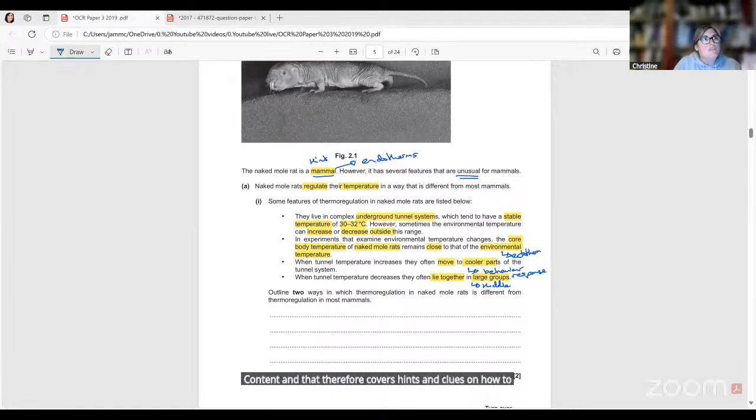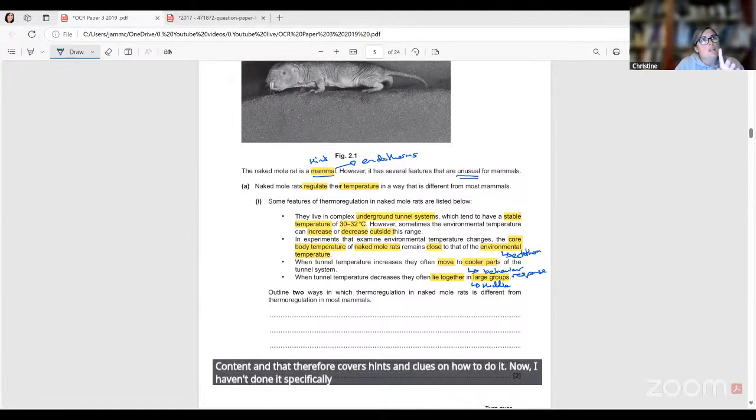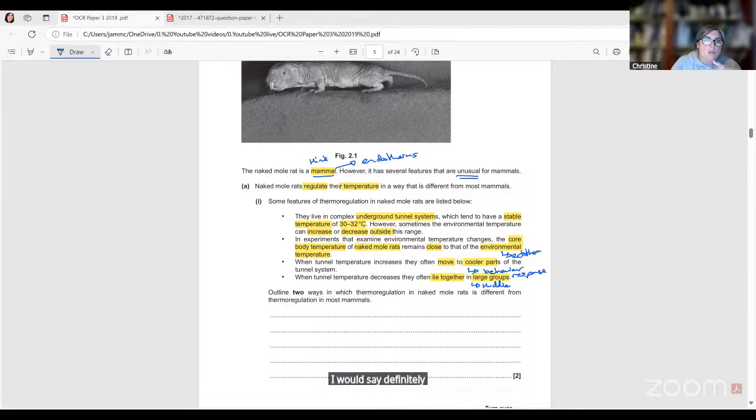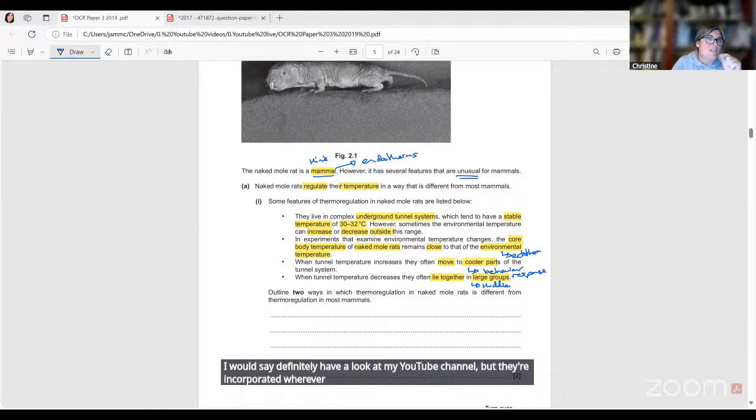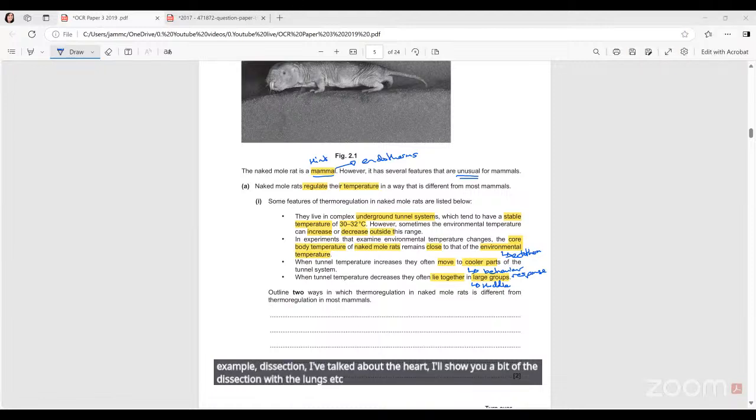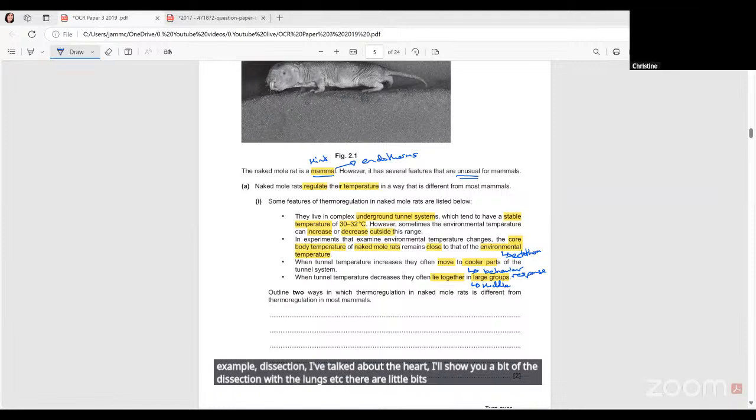I haven't done it specifically for the practicals within the specification modules 2 to 6 because they're in my videos already, and I'm still building the other workbooks. So definitely have a look at my YouTube channel, but they're incorporated wherever there is a part of the specification. So if it says, for example, dissection, I've talked about the heart, I'll show you a bit of the dissection with the lungs, etc. There are little bits through all of it.